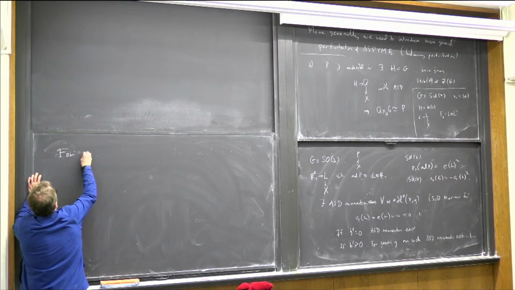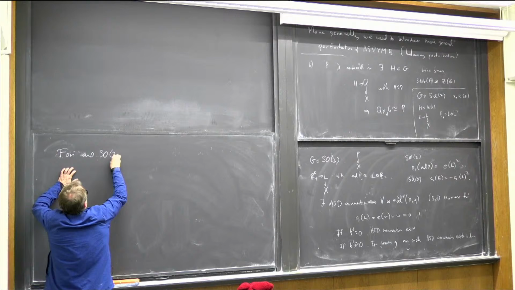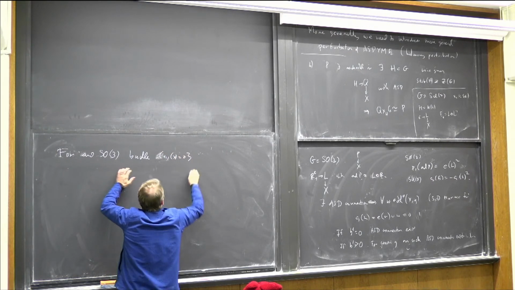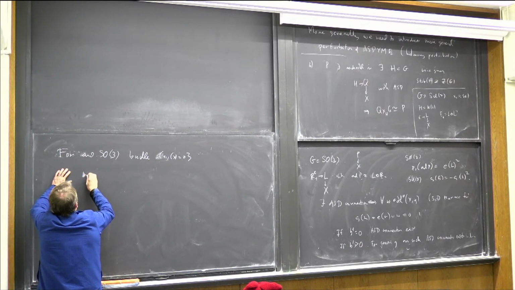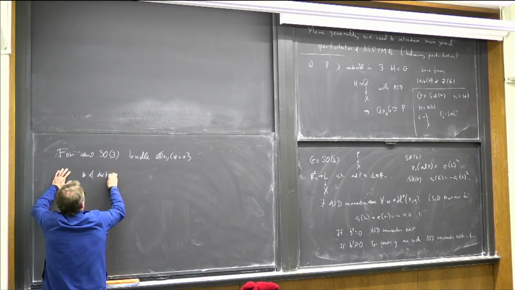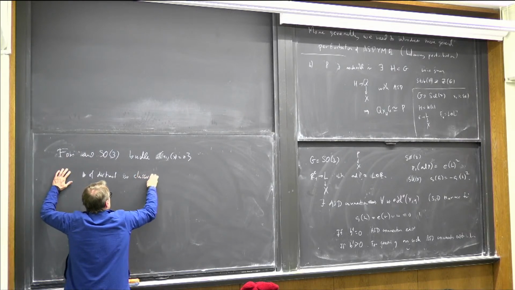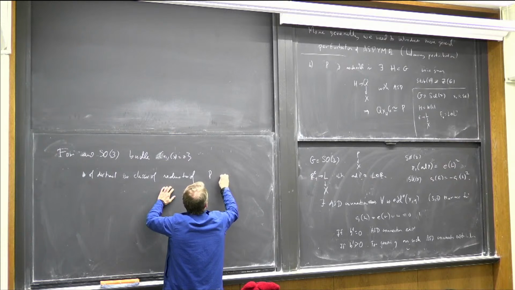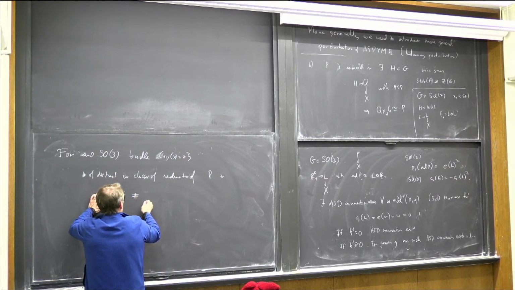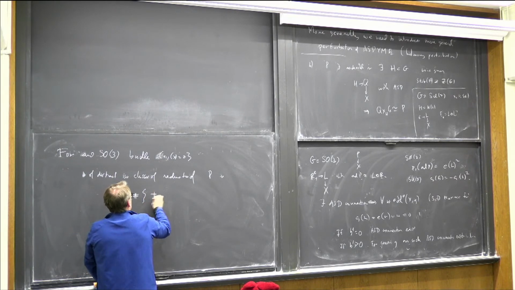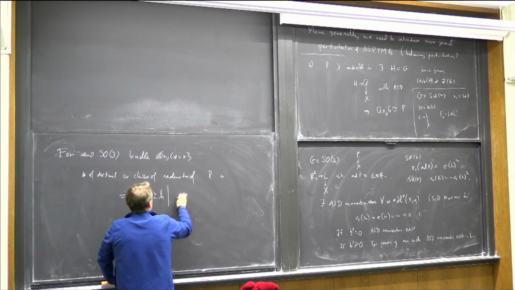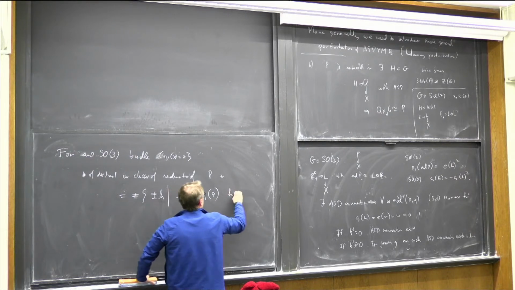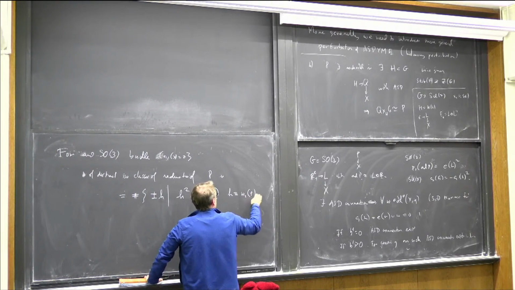For an SO3 bundle, the number of distinct isomorphism classes of reductions of P is the number of classes plus or minus h, such that h squared is P1 of P, and h is congruent to W2 of P mod 2.